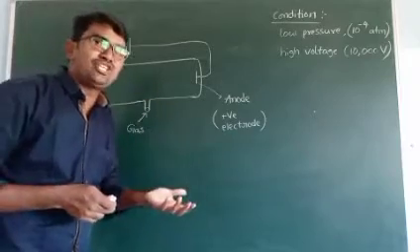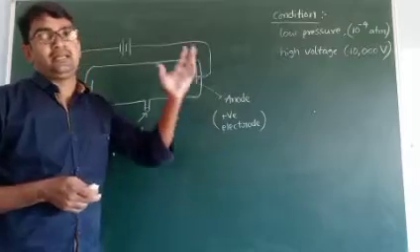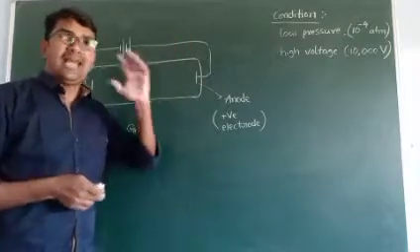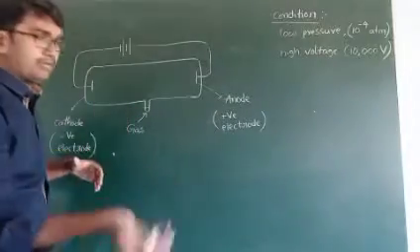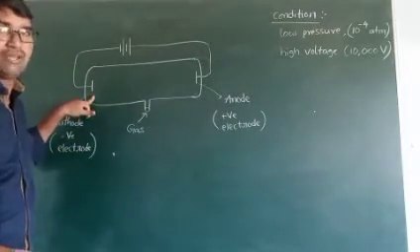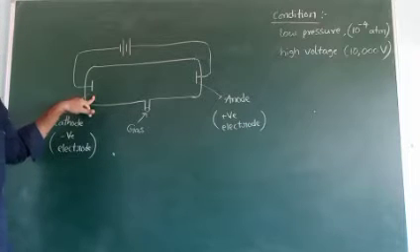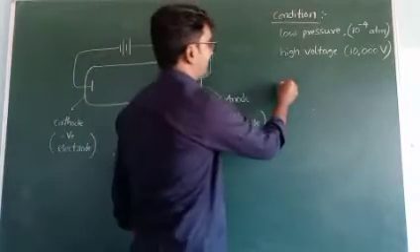So those negatively charged particles are called electrons. Another name is also there. Since they start from the cathode, they are also called cathode rays.